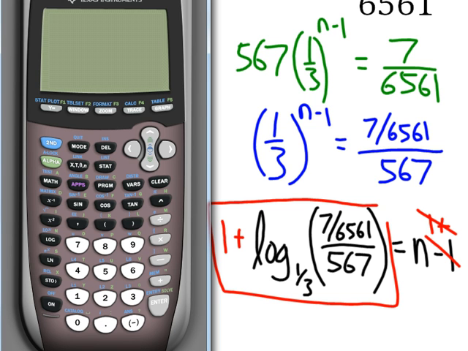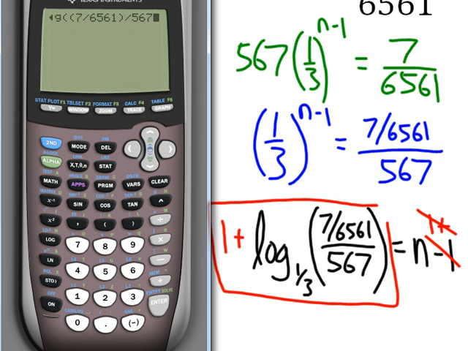So the way I'm going to calculate this, I could try to calculate it all in one fell swoop, but I'm going to use my change of base formula. And I'm going to say log of, let's do a parentheses, 7 divided by 6561. If you have a TI-84, you could use the fraction capabilities, but I'm going to type this as if I had a TI-83, divided by 567.